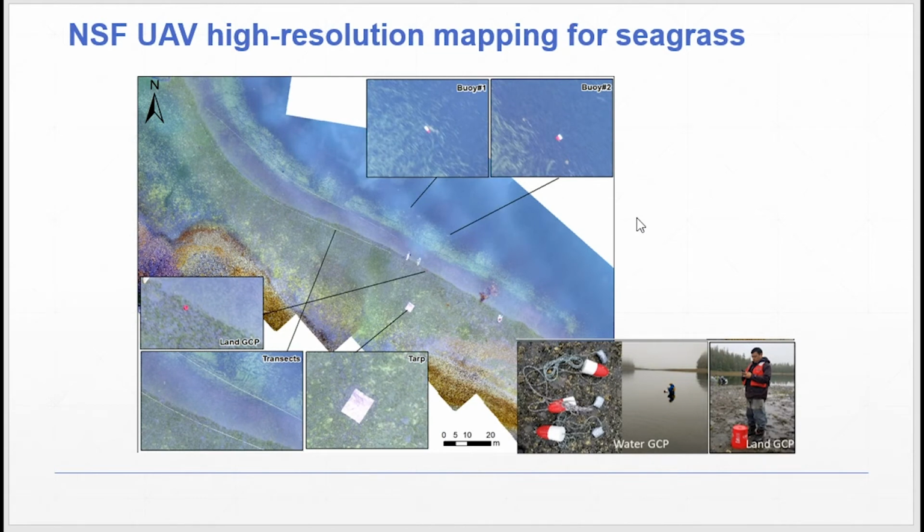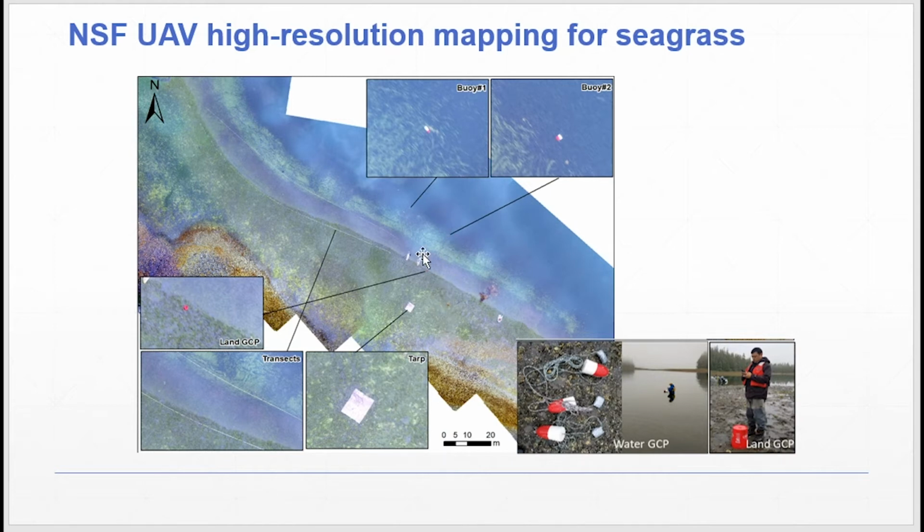So here is an example. We went to the site and we will fly the drone. Because when we fly the drone, we might need more geometric correction and image registration, we use some targets like buoys on the water surface, and we also deploy some red buckets on the land to use as GCPs to do the georeferencing.